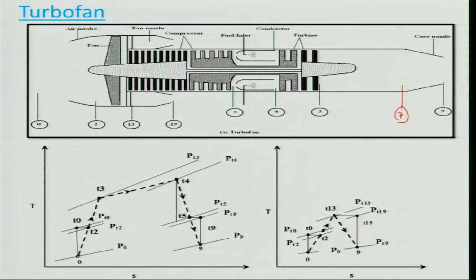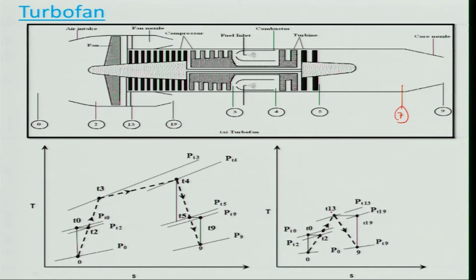So, if you look at the processes, 0 to 2 is the air intake, and from 2 to 3 is your compressor, and 3 to 4 is your combustion chamber, and 4 to 5 the turbine, both the high pressure and low pressure turbine, and 5 to 9 is your nozzle.